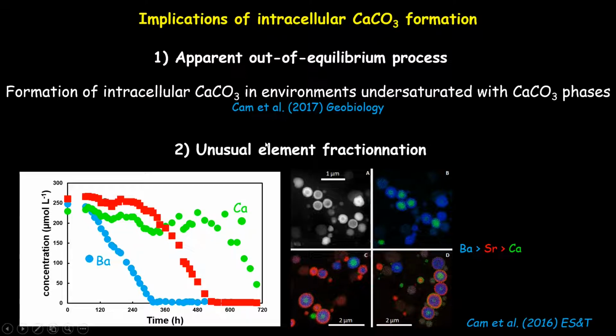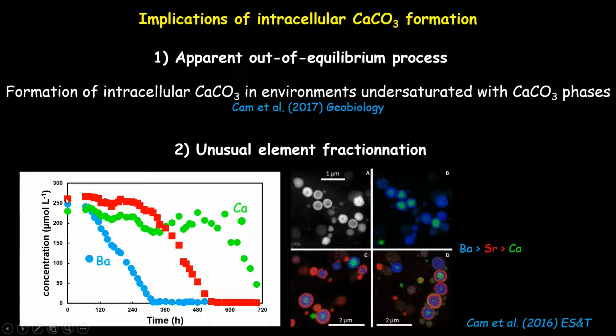The second thing is we also observe some unusual element fractionation by those bacteria and the carbonates formed by them. Here, we cultured cyanobacteria in a solution where we added barium, strontium, and calcium. And we are looking at the evolution with time of the concentration of barium, strontium, and calcium in the solution.